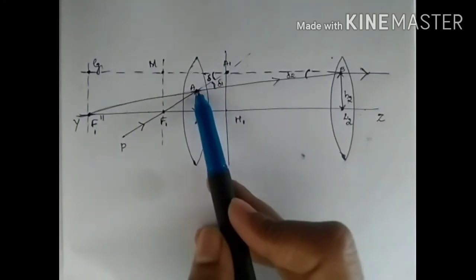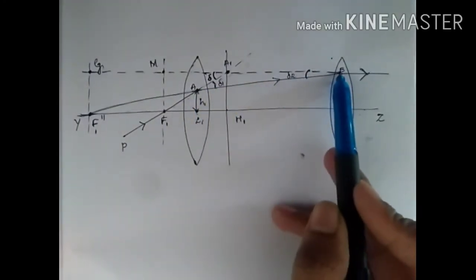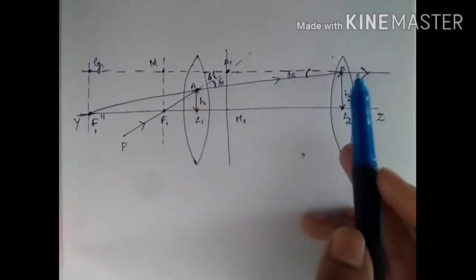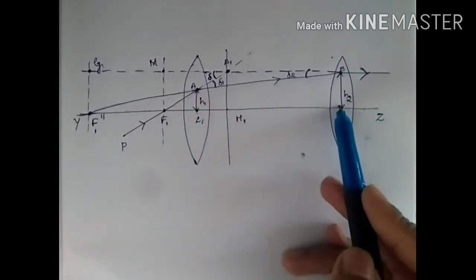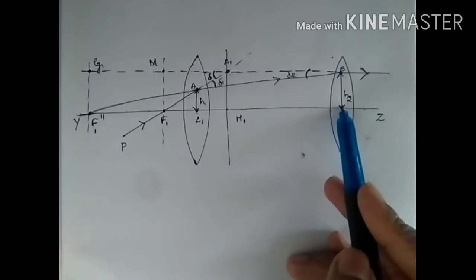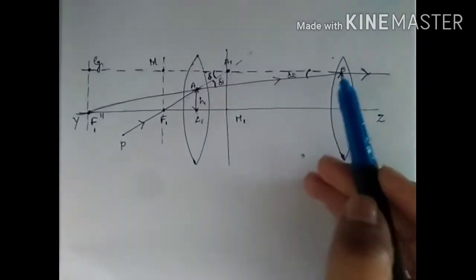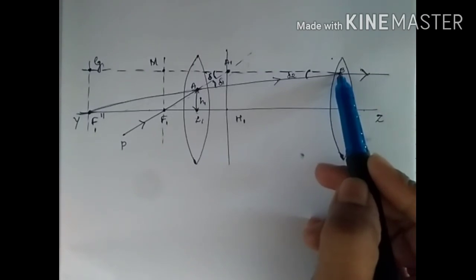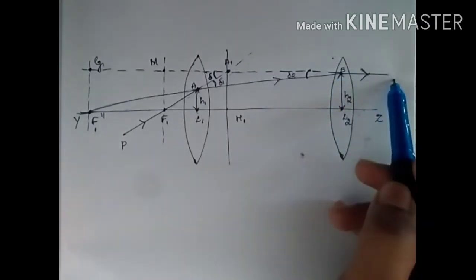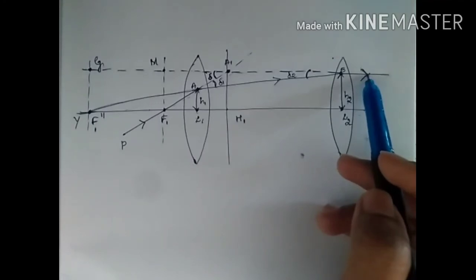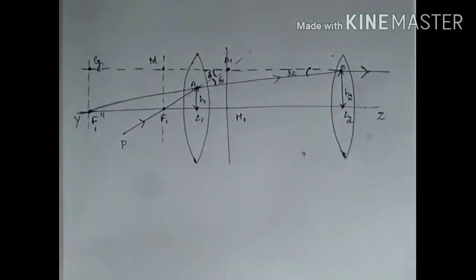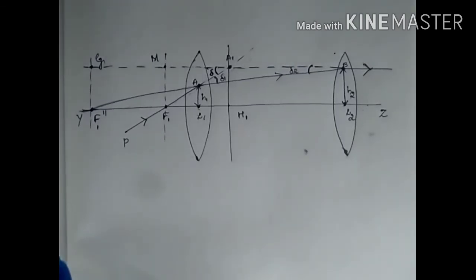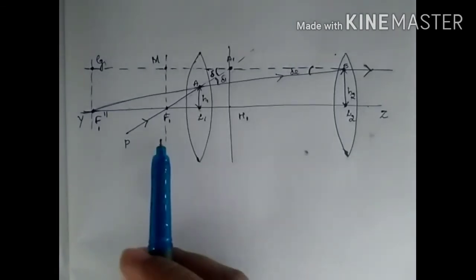Now this ray will get refracted and falls on the second lens at point B and at a height of about H2 from the center of the lens L2. Now the ray which has fallen at the point B will get refracted and forms the parallel ray to the principal axis. So this is the idea of the total incident and the refracted ray.